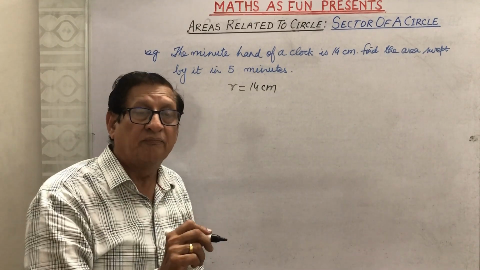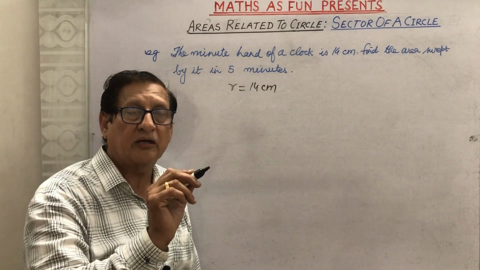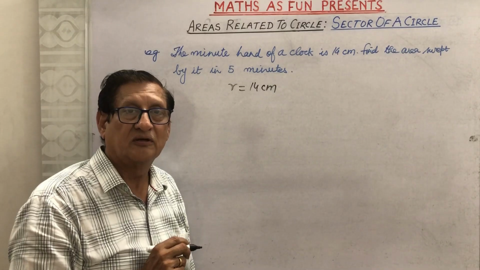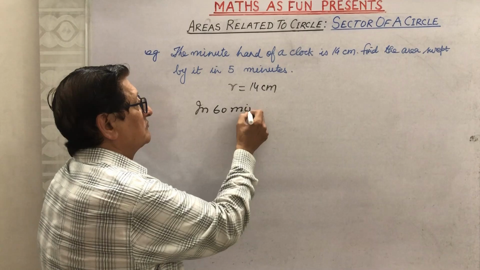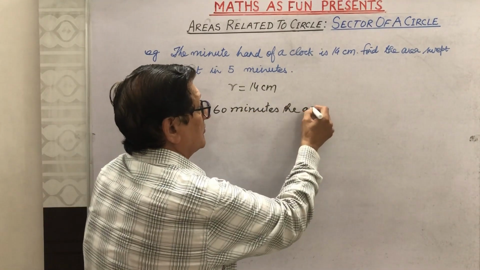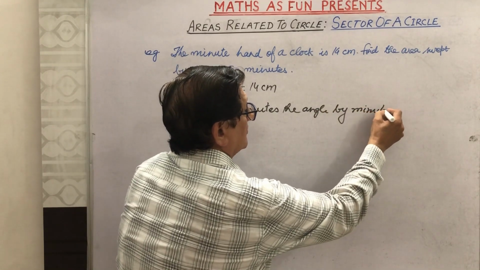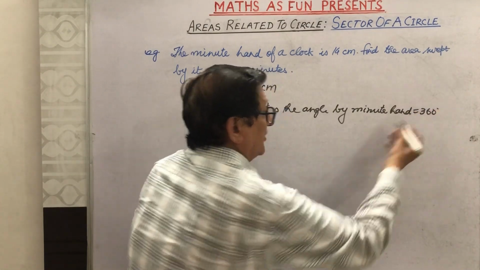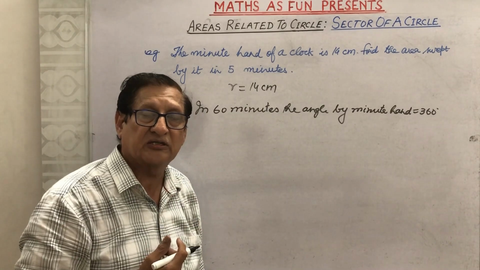Now we also know that one revolution is completed by a minute hand in 1 hour, or 60 minutes. So in 60 minutes the angle formed by the minute hand is equal to 360 degree, because the complete angle will be formed in one revolution at the center.